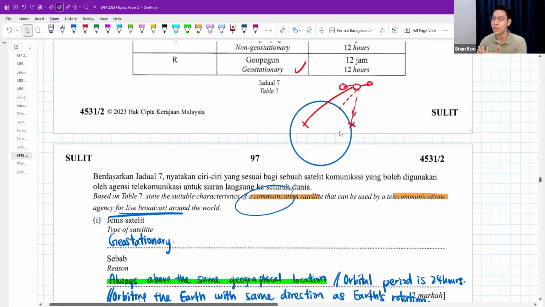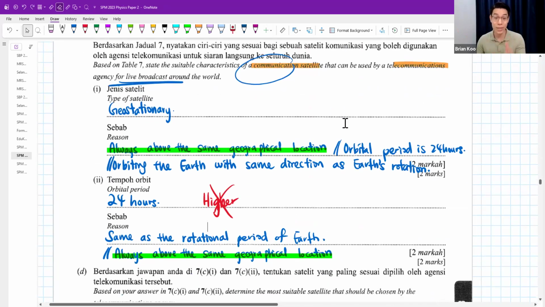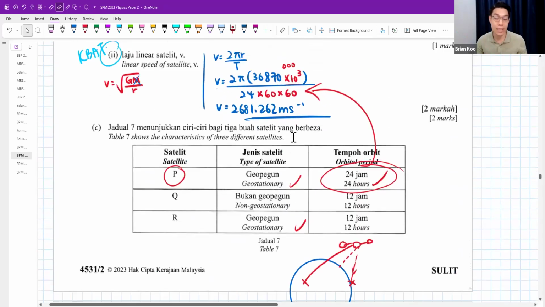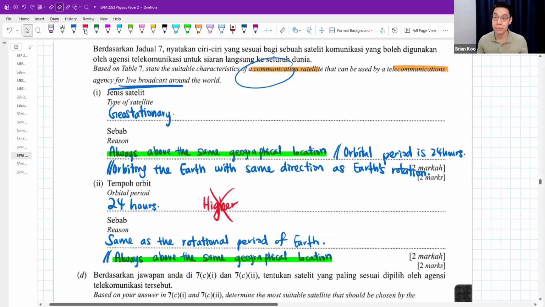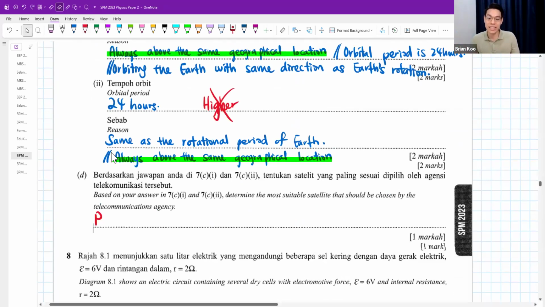Don't say, teacher, but in this table, this is the highest value. Can't I just say higher? Cannot. It has to be exactly 24. Higher, how high you want? 36? 48? Yeah, so it has to be 24 for this one. And the answer is satellite P. You can just write P. You can write satellite P also can. Okay, that is part D. Question 7.